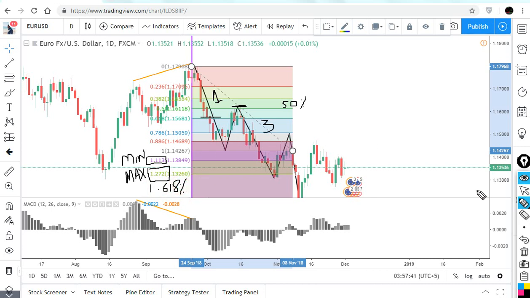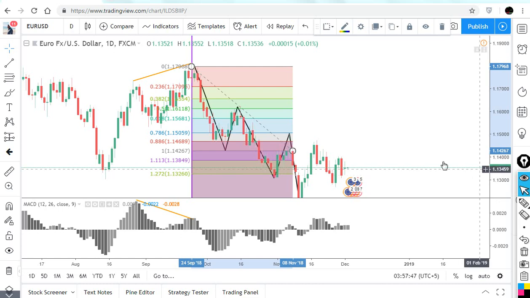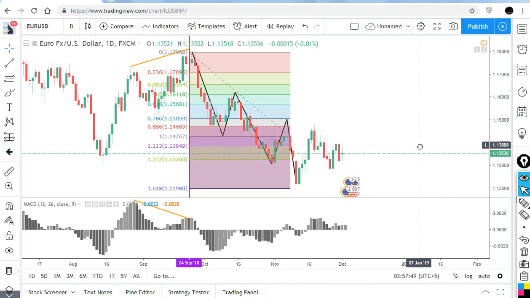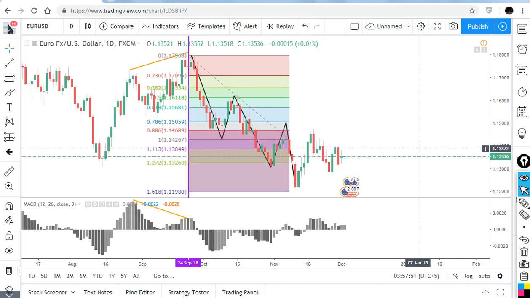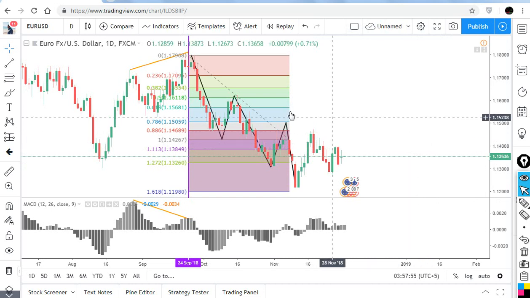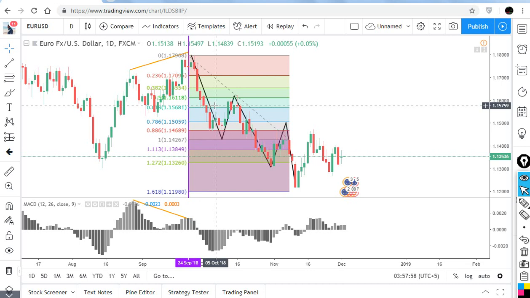Sometimes people take a much bigger vision, so they also take the whole vision of the wave. From wave 1, if you take your correction from wave 1 and reverse your Fibonacci retracement, it also tells you where 1.618 is.